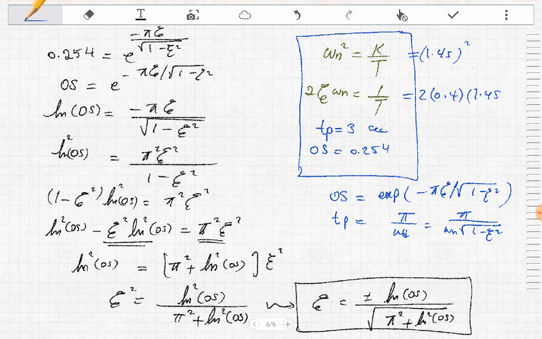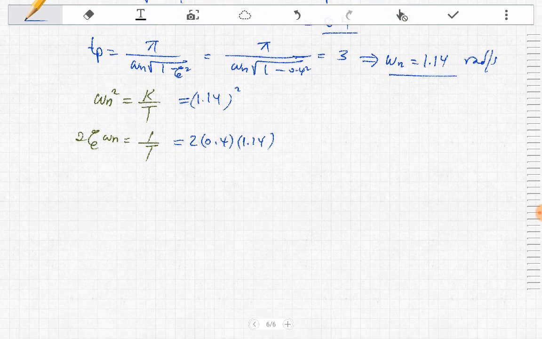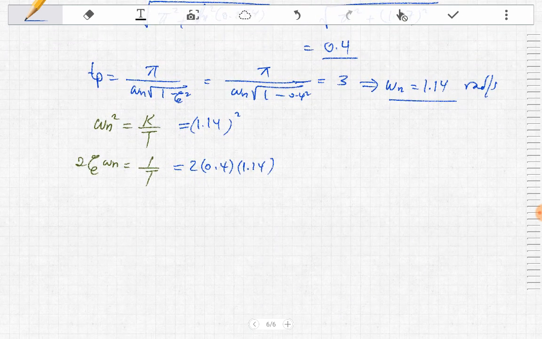So T is 1 over this. Okay. I think I will do this first to get T, right? Yeah, it's 1 over this, it's 1.096. That's the answer. Okay, this is your T. I found the T, so now I can find the K, right?